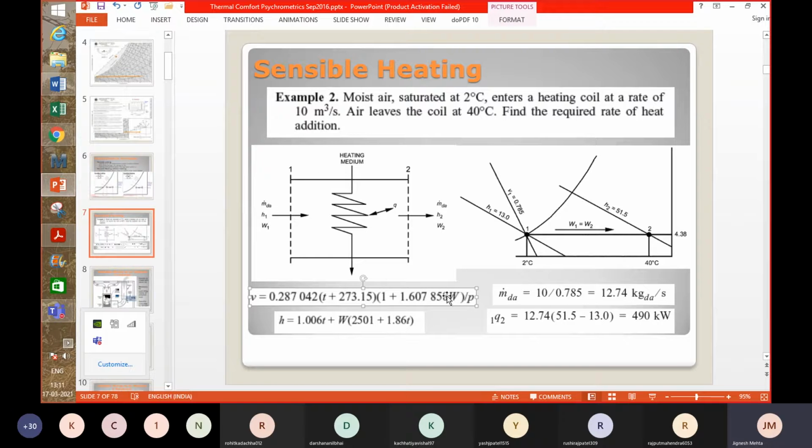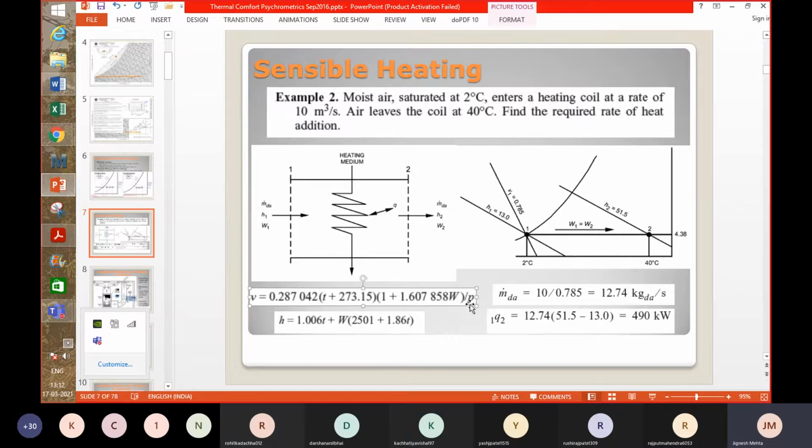And obviously the same is the humidity ratio for state 2, because it's a process where W is remaining constant. And P, we will assume it to be sea level pressure, 1 atmospheric pressure, 101.325 kilopascal, and P you put in kilopascal. So you will put 101 kilopascal or 101.325 kilopascal.